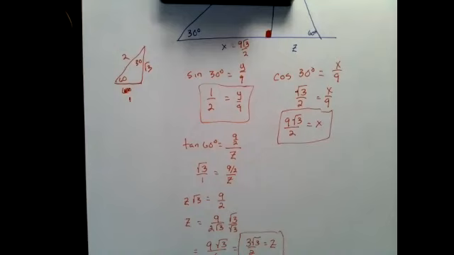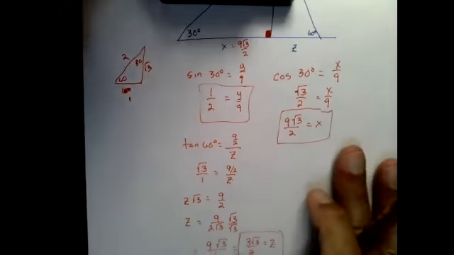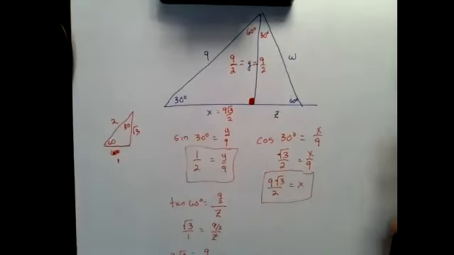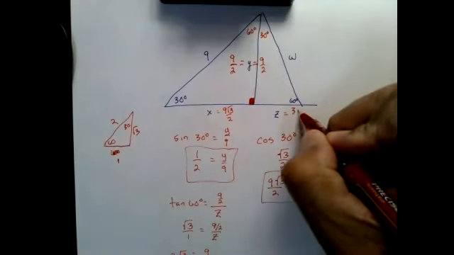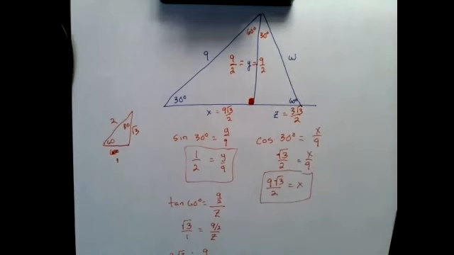Kind of like a puzzle almost, isn't it? At least that's how I look at it. That's a math nerd thing. Finally, I know this is 3 square root of 3 over 2.